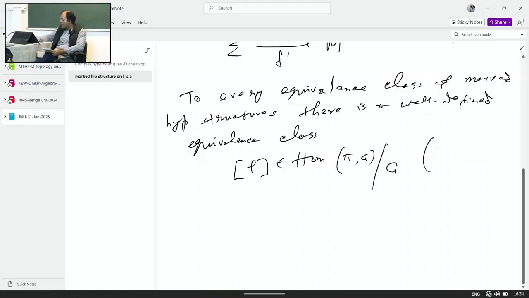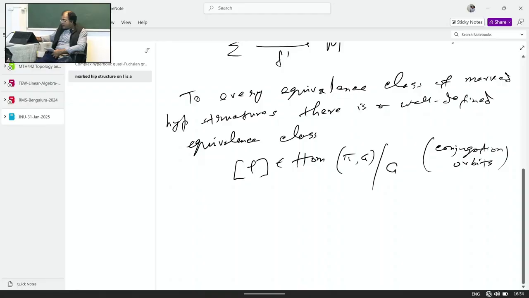So this is the set of conjugation orbits. Corresponding to every hyperbolic structure, there is a conjugation orbit of representations.